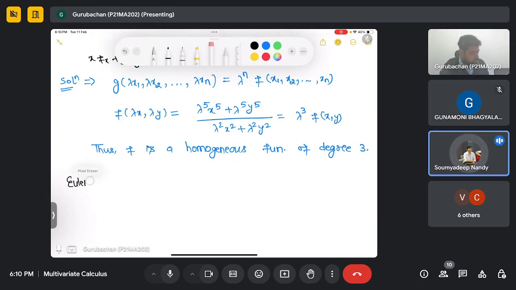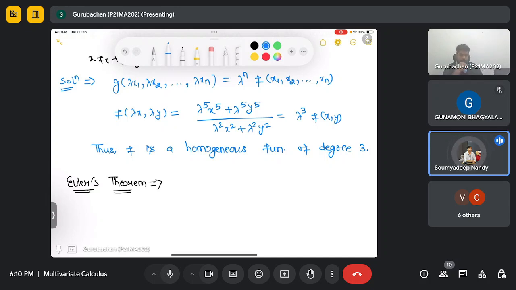So Euler's theorem was something like, if a function is homogeneous and its first and second order partial derivatives exist and are continuous, then we can say that x f_x plus y f_y is equal to n, which is the order of the homogeneous function, into the function.